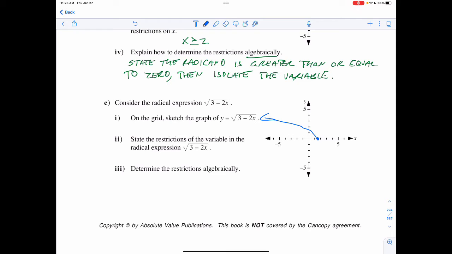Well, what's going on here? In this case, x has to be less than or equal to the x-intercept of 1.5, or 3 over 2.